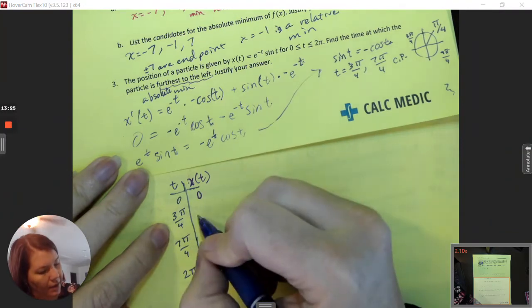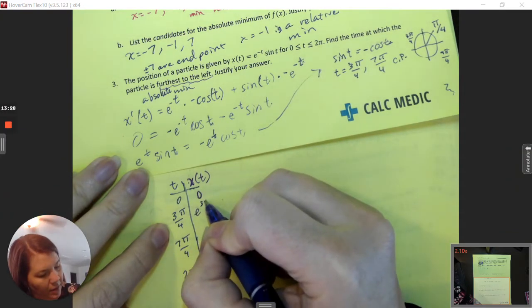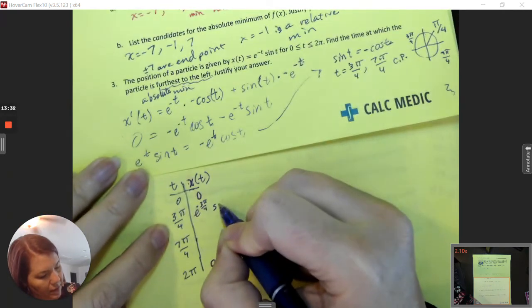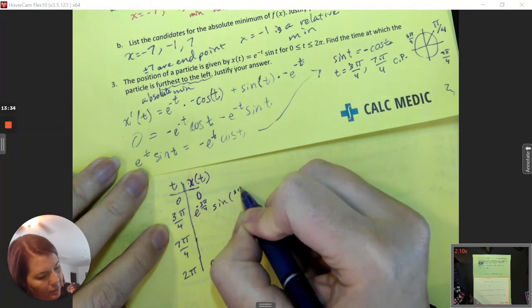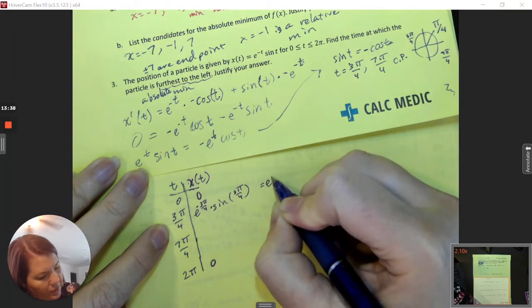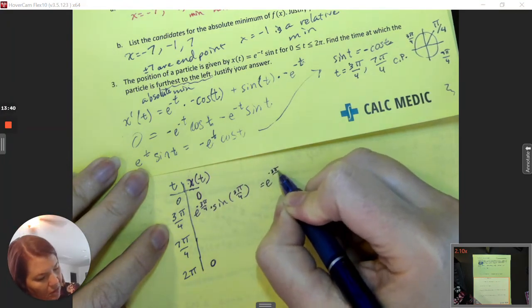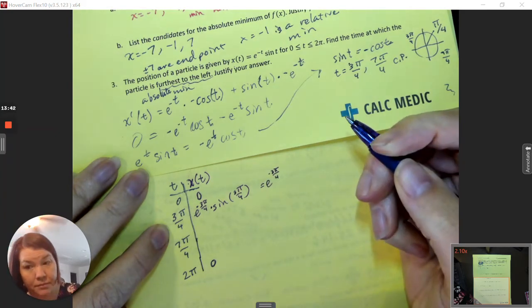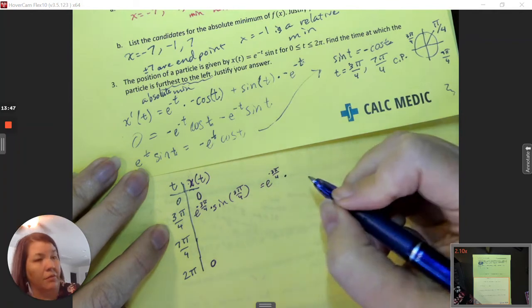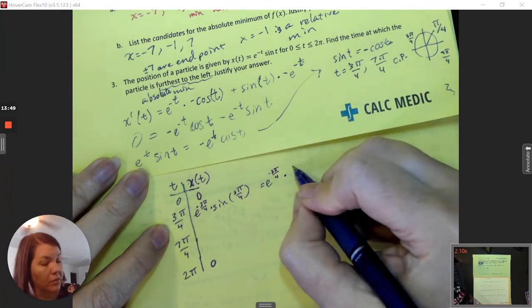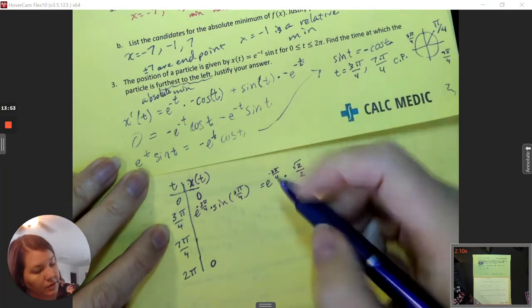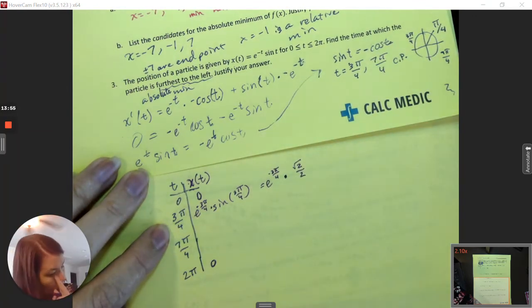Then I have e to the negative 3 pi-fourths times the sine of 3 pi-fourths. I'm just going to leave this one as e to the negative 3 pi-fourths. I know it's a positive number. That's all I know. Sine of 3 pi-fourths is, of course, radical 2 over 2. In this quadrant, sine is still positive, so that's a positive number.